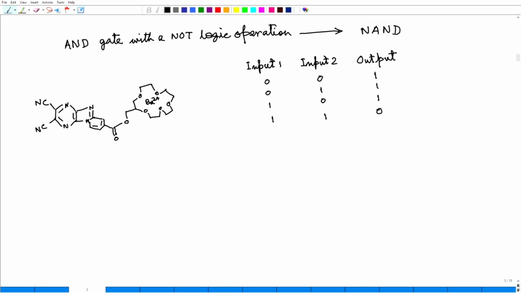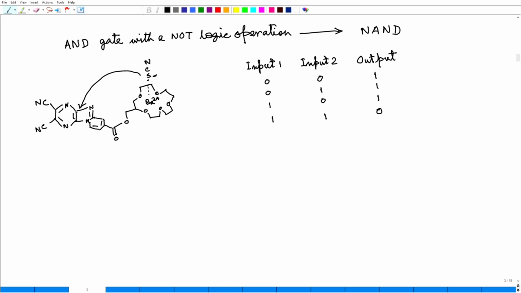And then what happens? If I put SCN minus, then what will happen? There will be PET.